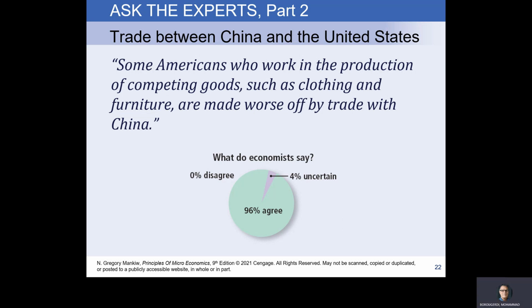The price is going to be higher. Consumers now have to pay more because the steel we make is more expensive than what we get from China. Steel is an input to making cars and a lot of other goods. The price of those goods is going to go up and consumers are going to lose. But the loss of the consumers exceeds the benefit to the producers. That's why if we put a tariff or tax on trade, we're going to lose.